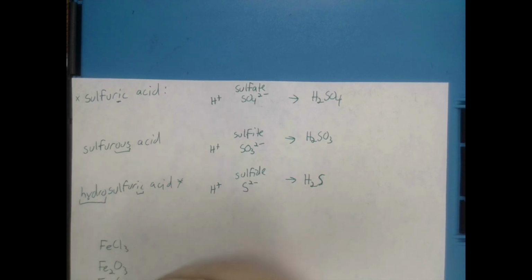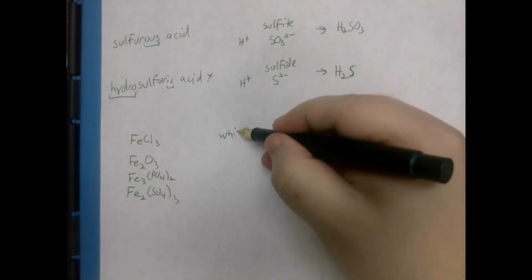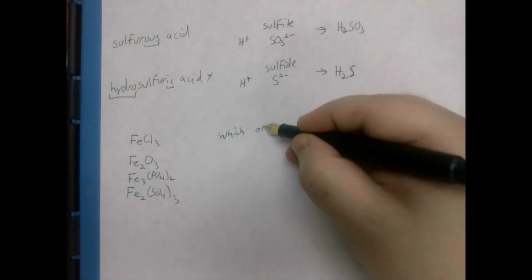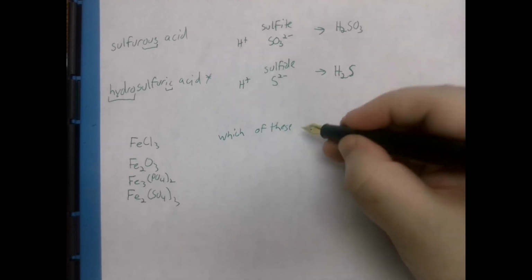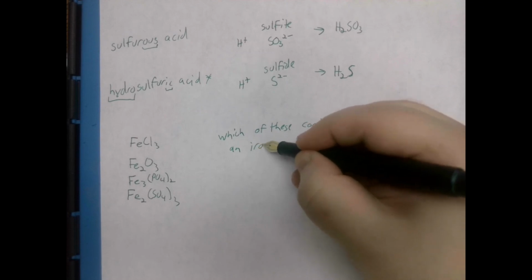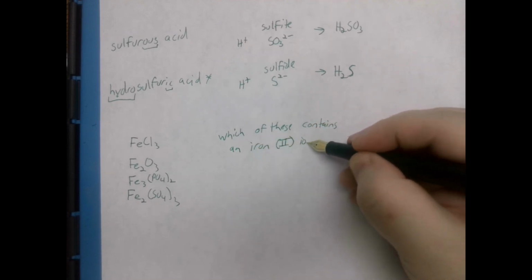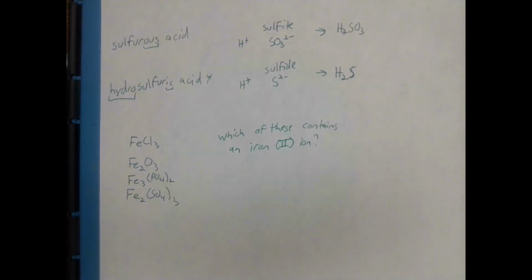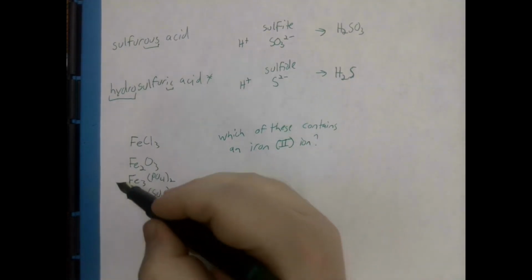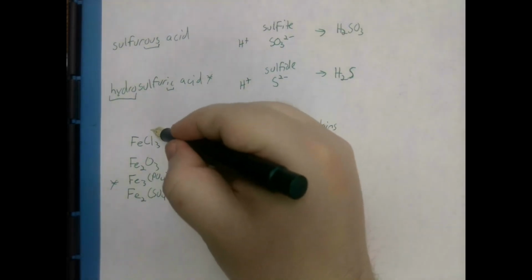Alright, here's a good example. Which of these contains an iron 2 ion? So we know chlorine is negative.